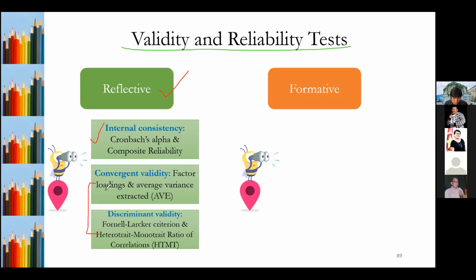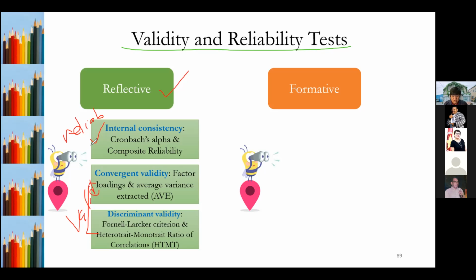And the second and third, convergent validity and discriminant validity, which are validity tests. Dito mini-measure natin yung validity, while in internal consistency, we are measuring reliability. As I mentioned, most of the published papers usually gumagamit ng reflective construct.